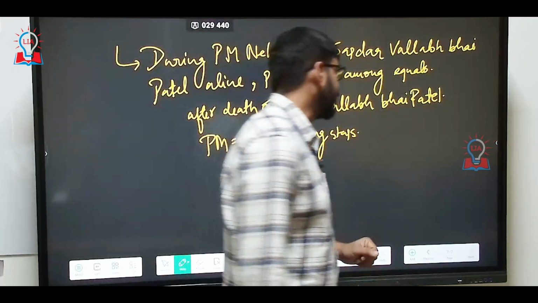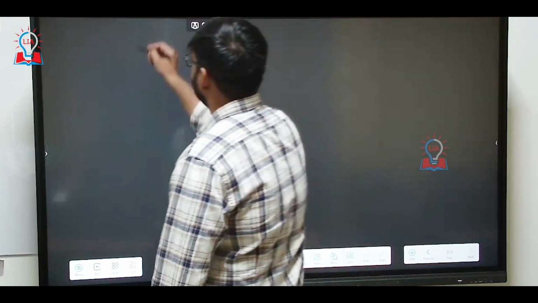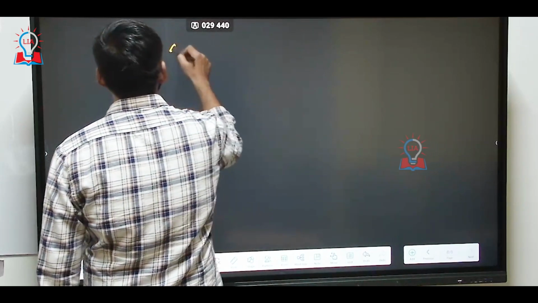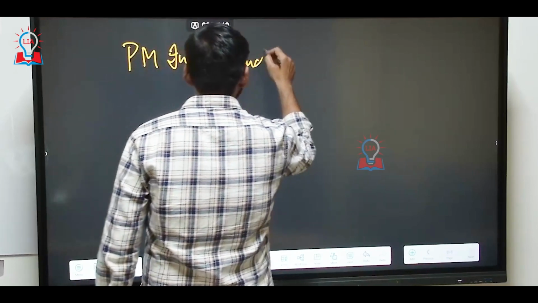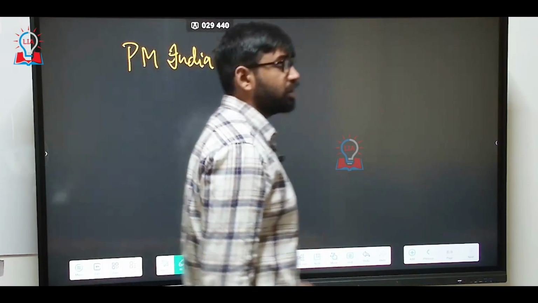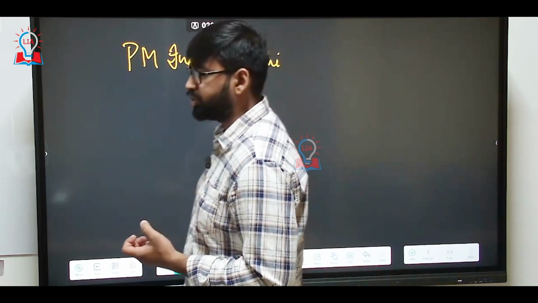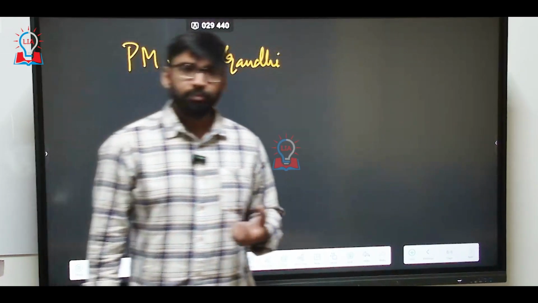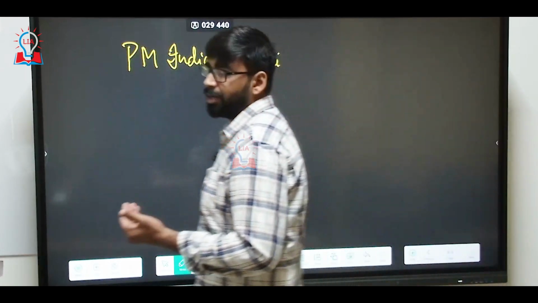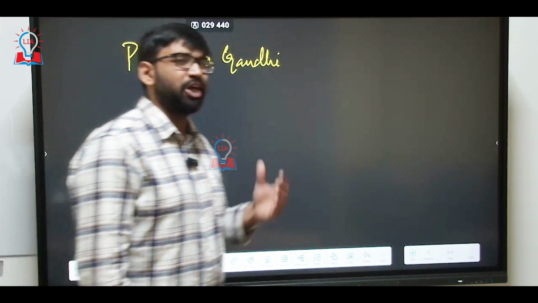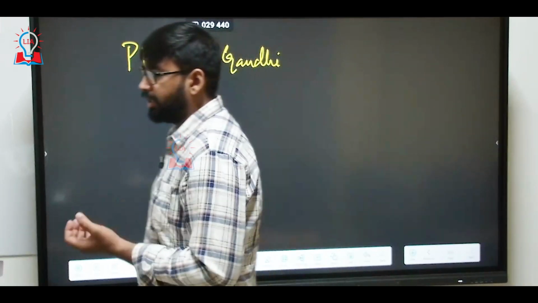Clear? Then, after Jawaharlal Nehru, Prime Minister Indira Gandhi. Now, Prime Minister Indira Gandhi was having prime ministerial form of government. That means strong prime minister. She was dominating. So, during her time, the parliamentary system changed into prime ministerial form of government. Clear?